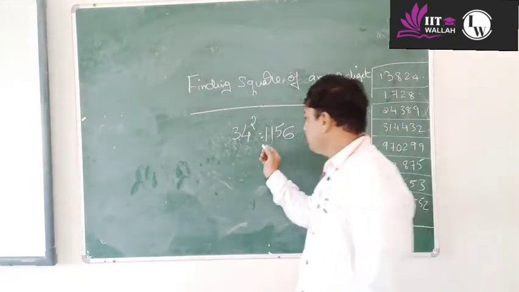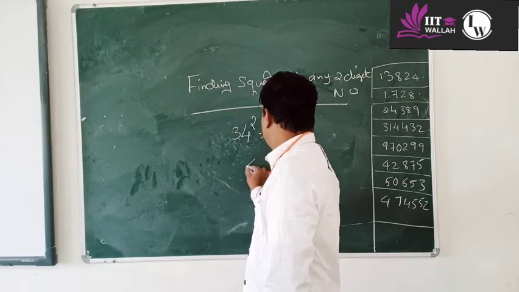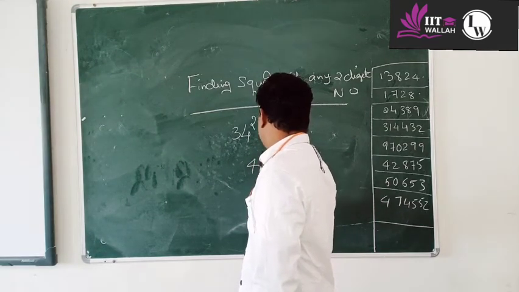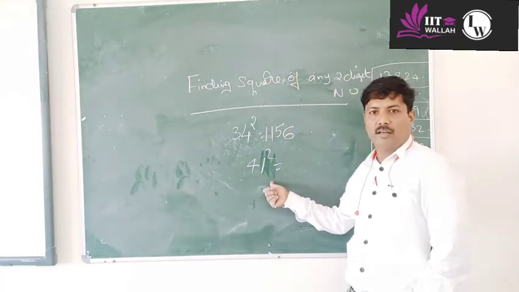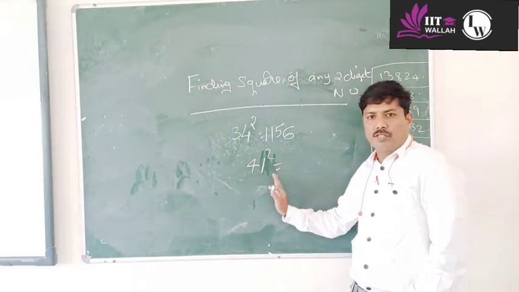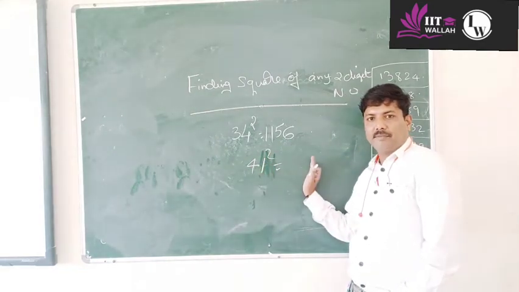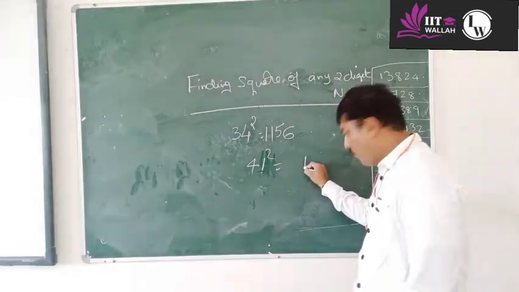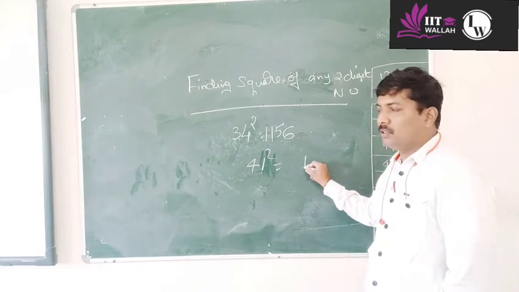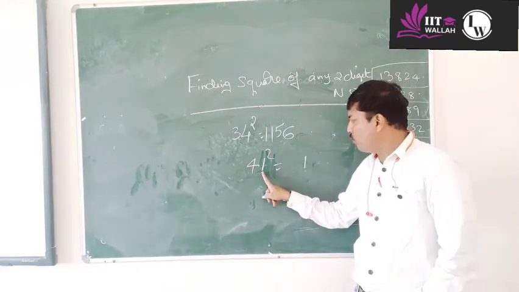Understood? And 41 square. I need 41 square. First we are going to observe this 41 from the right end. So 1 square is 1. First step. What is the first step? First you square this ones place number. 1 square is 1.